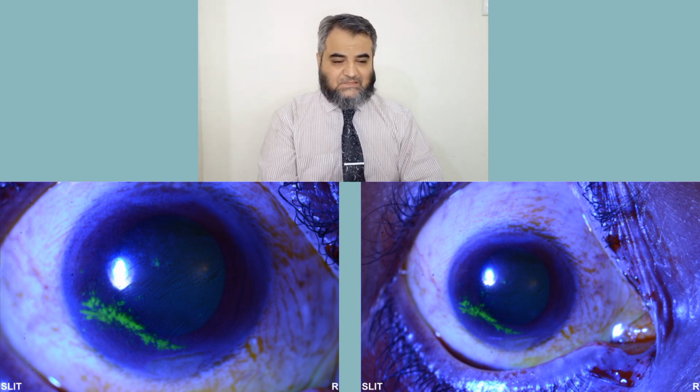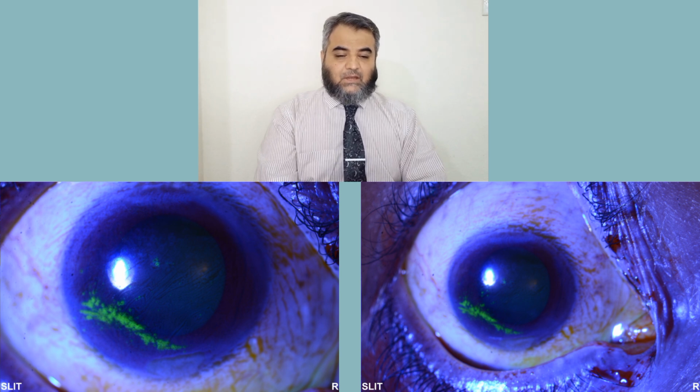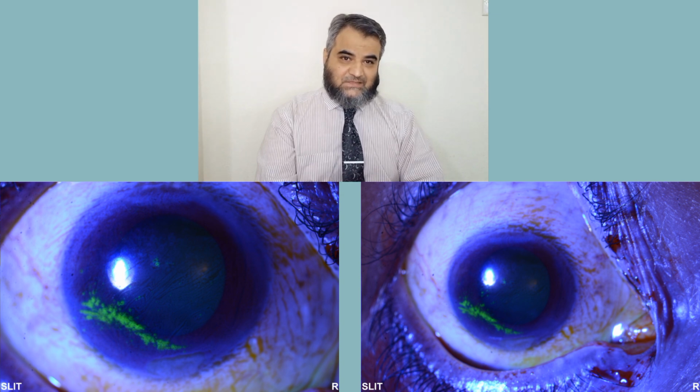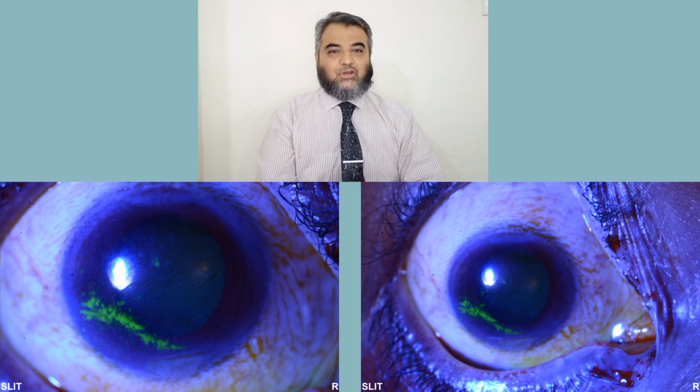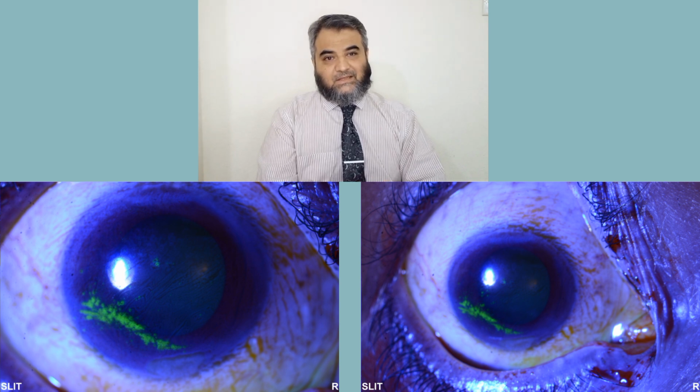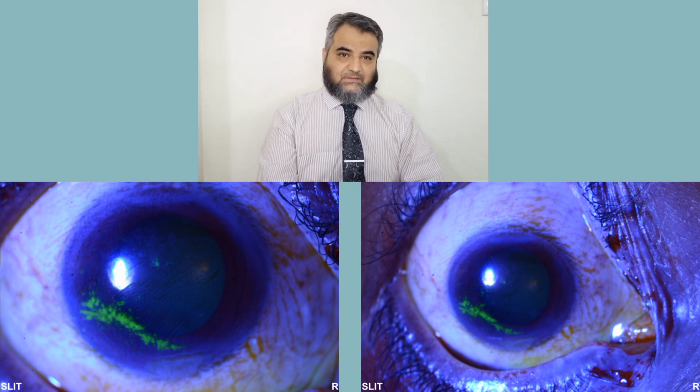So let's look at these slides. In these two slides, it is the inferior portion of the cornea, not superior, not middle, that is taking up the stain and showing us the damage of the corneal epithelium. Why is this happening? Because there are minimal tears there to protect the corneal surface.